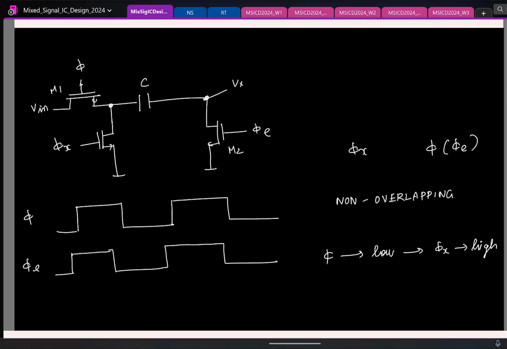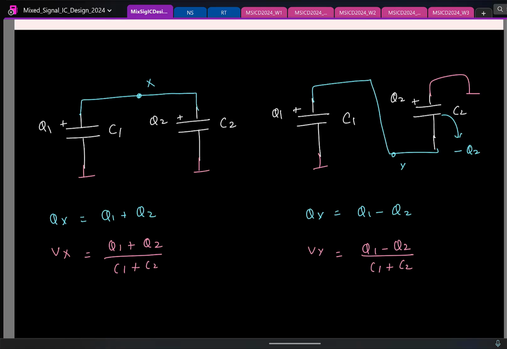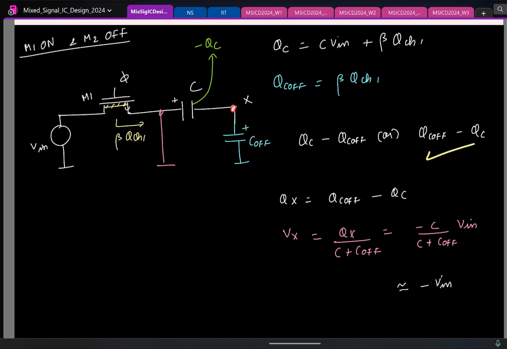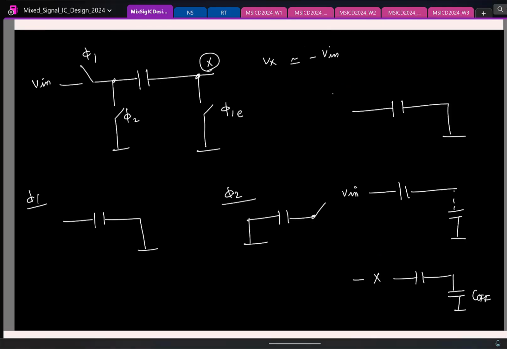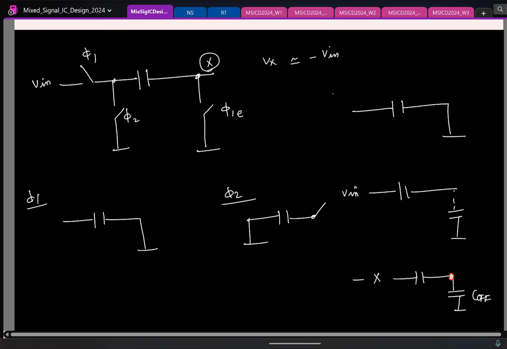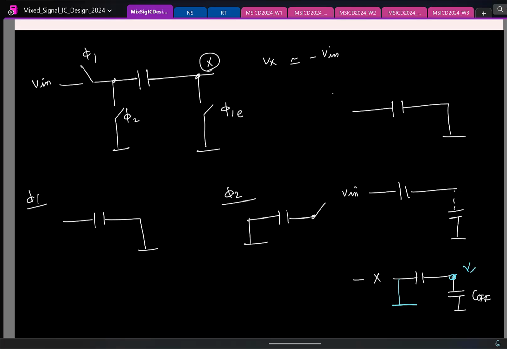We subtract the charges. We are looking at the charge at this node, and for that only we are looking at the charge at this node. So to process the voltage, we ground this and look at this voltage. Okay? Is this clear?